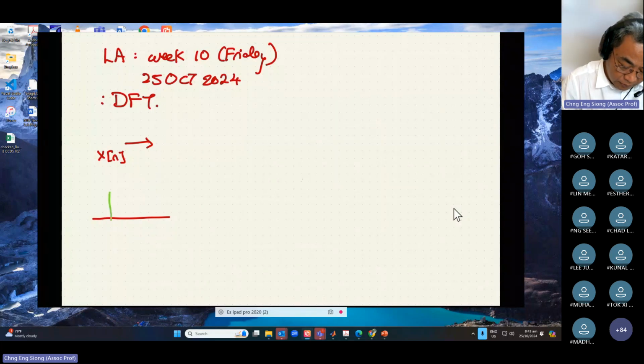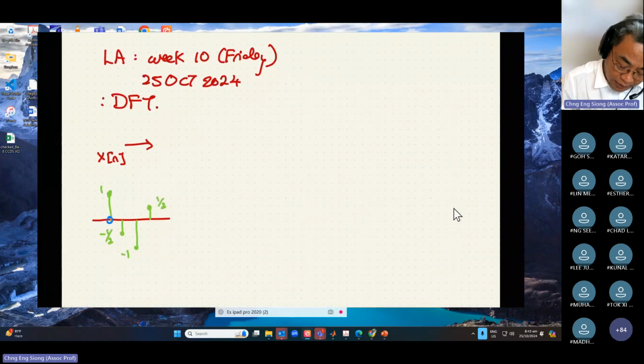It has 1 here, and it has minus half, minus 1, and half, across time n, from 0, 1, 2, and 3.